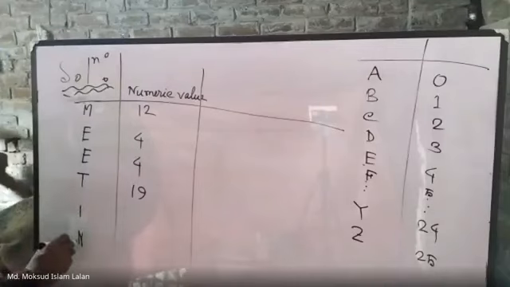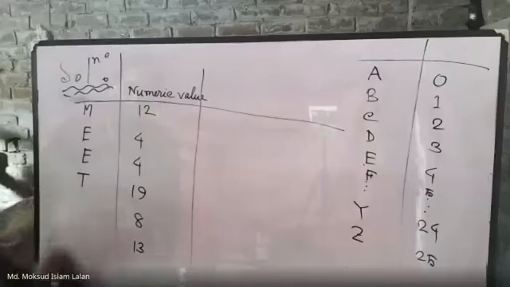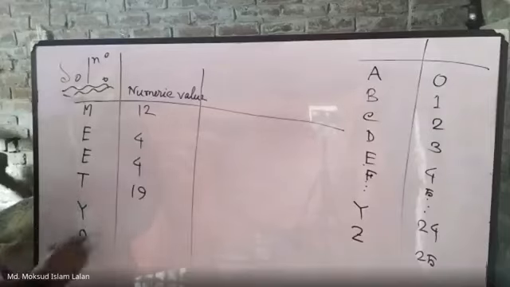I is 8, N is 13. Just write it like this.